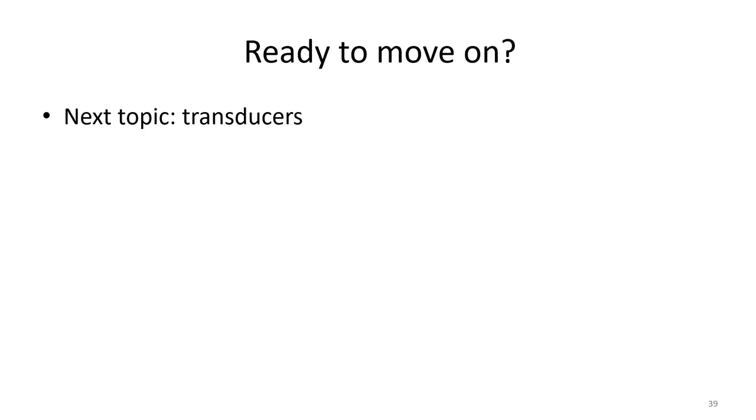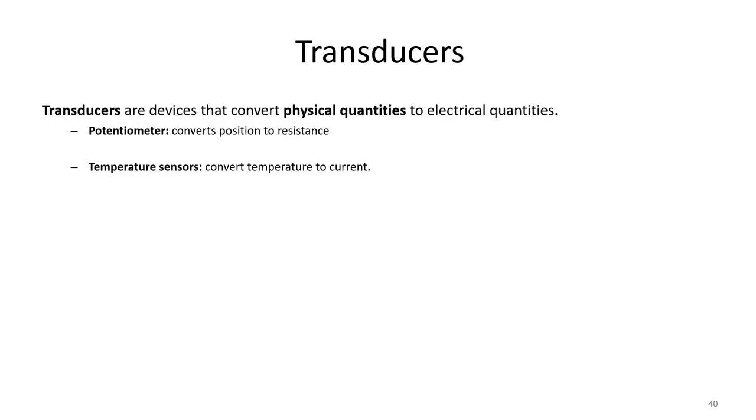Okay, we have just a few more topics for today, so let's go ahead and finish up our last couple topics. First is transducers. And for now, all you really need to know about transducers is that they are devices that convert physical quantities to electrical quantities. Two very common ones are potentiometers and temperature sensors. A potentiometer converts position to resistance.